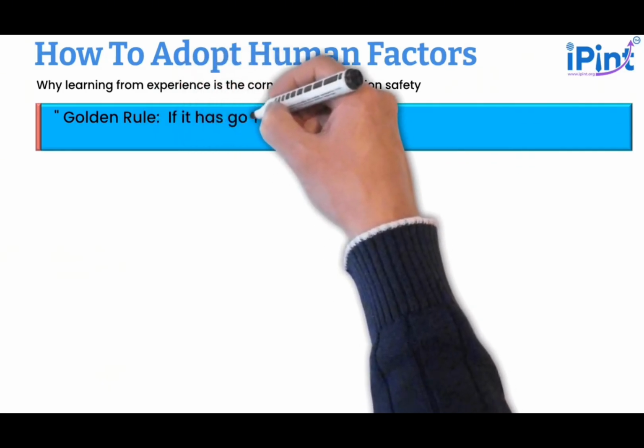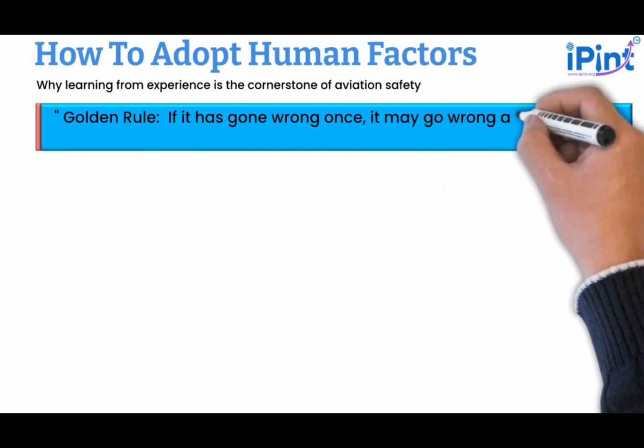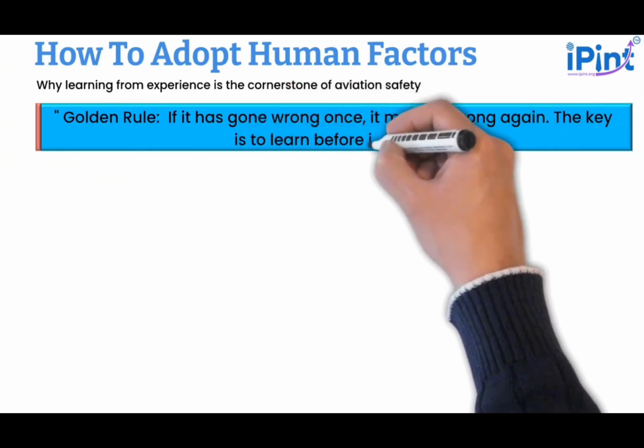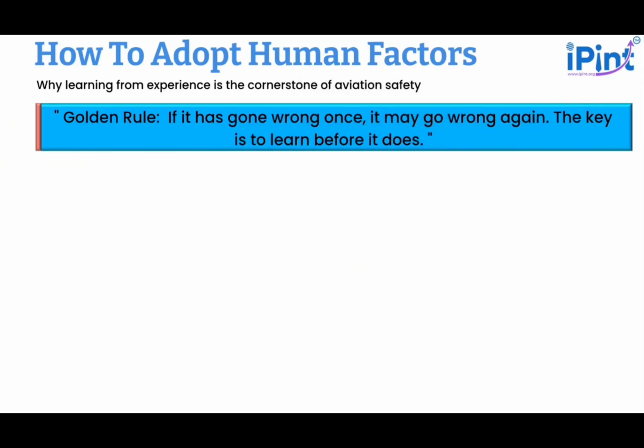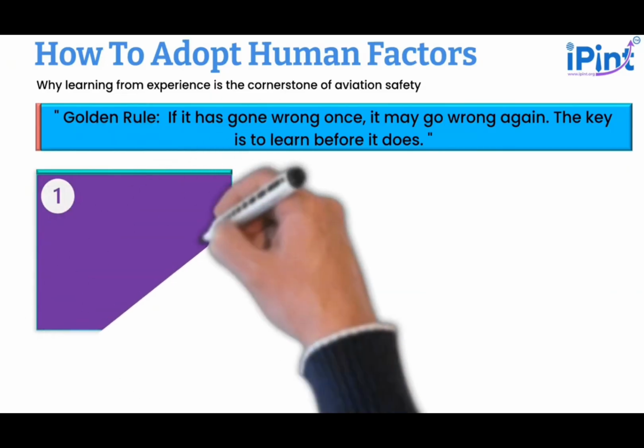And there is one golden rule that underpins everything we will cover today. If it has gone wrong once, it will probably go wrong again. That is not pessimism. That is a call to action. The key is to learn before it goes wrong again.